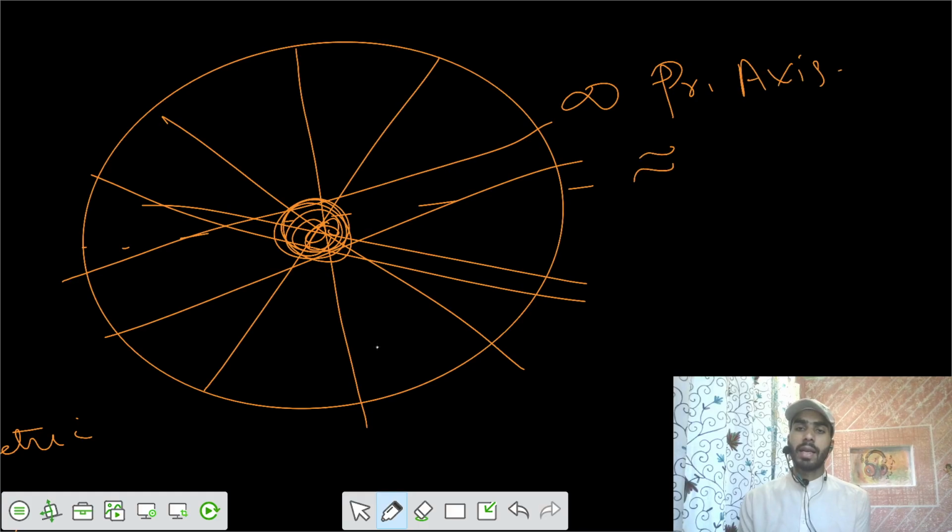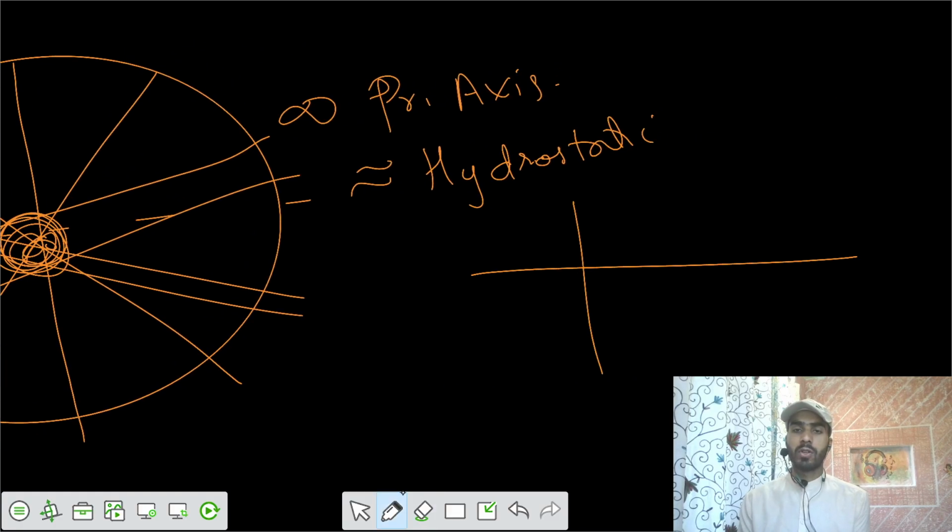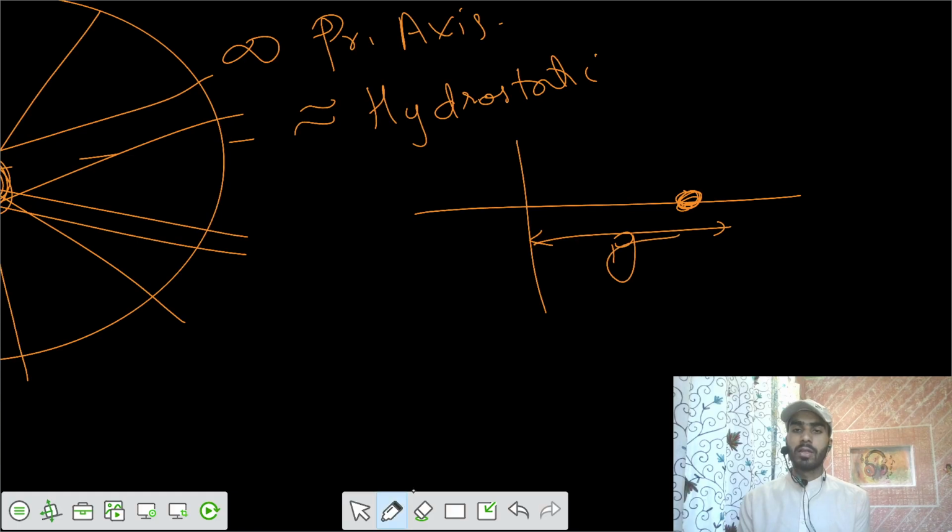It's a similar case to that of hydrostatic loading. When you have hydrostatic loading, you have a Mohr circle that is a point, such that you have stress of sigma on every plane. So we have all principal planes, infinite principal planes with stress value of sigma.